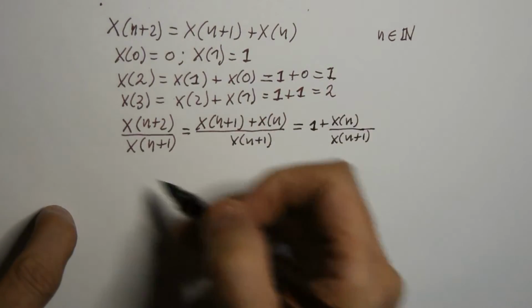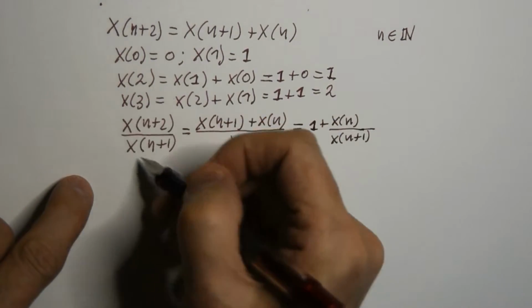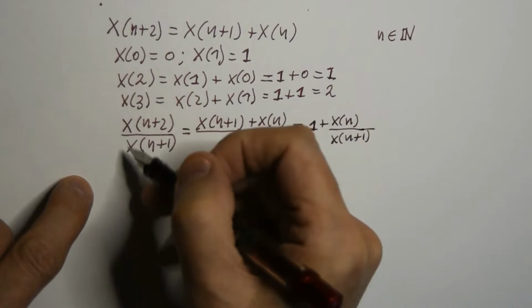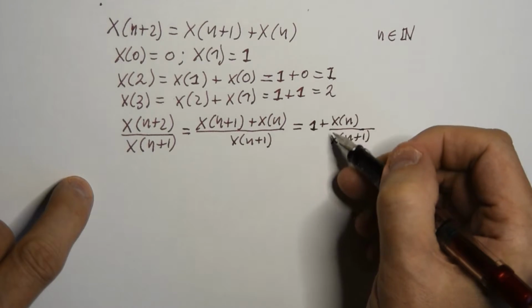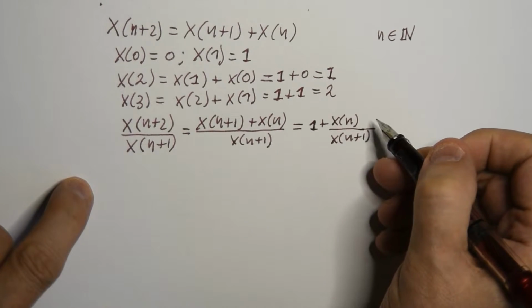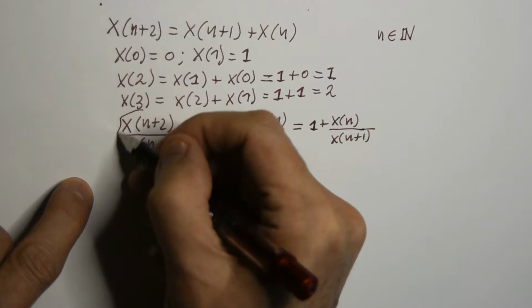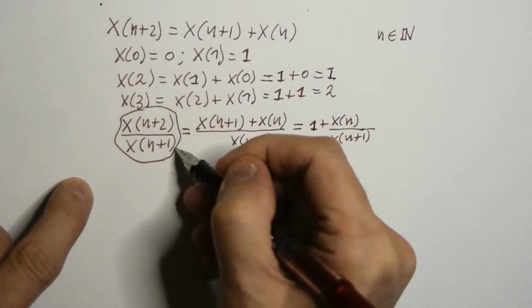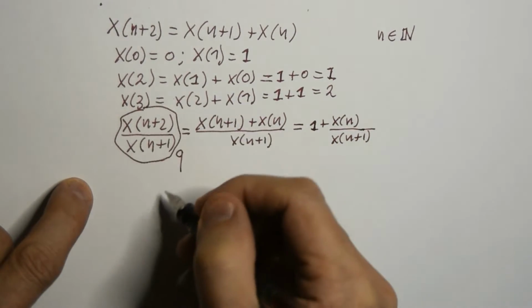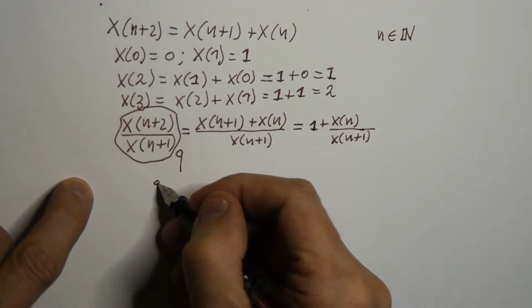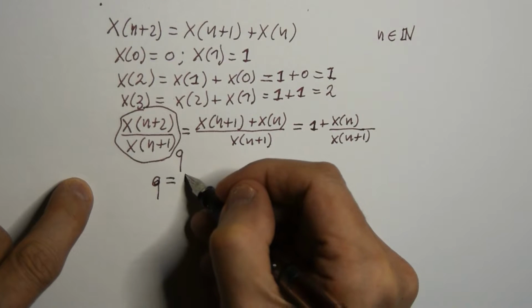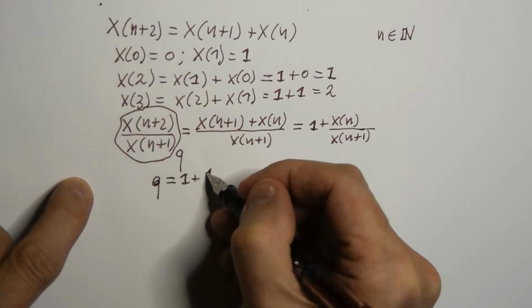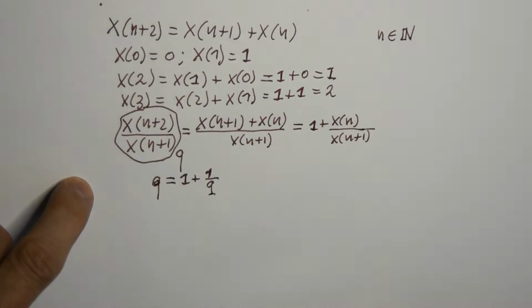If you look at this equation, you realize that this, if n is really big, is the same as 1 over this, if n is really big. So what we can say, for instance, if we assume that this equals q, we can say q equals 1 plus 1 over q.